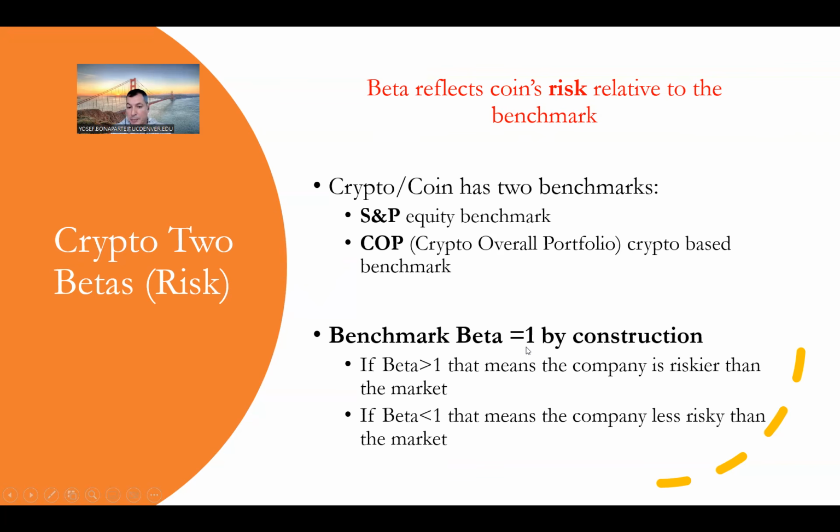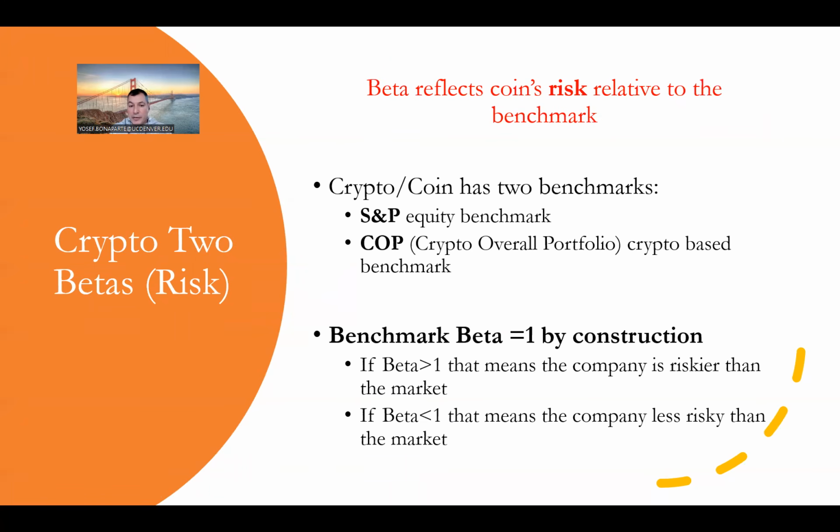We design the benchmark beta to be equal to 1 by construction. If the coin beta is greater than 1, whether S&P or COP doesn't matter, that means this coin is riskier than the market, S&P or COP. But if beta is below 1, that means this coin is less risky than the market.